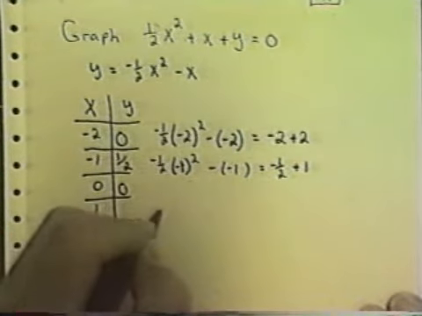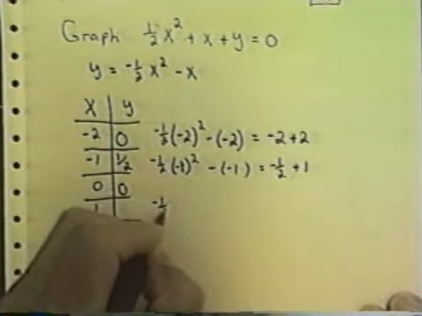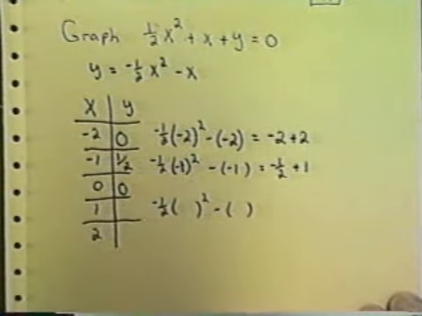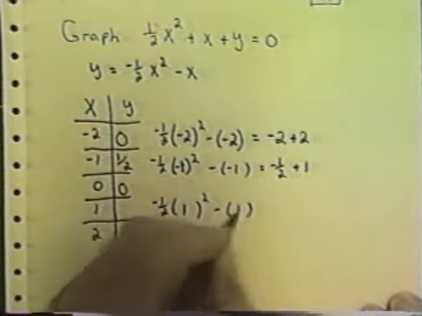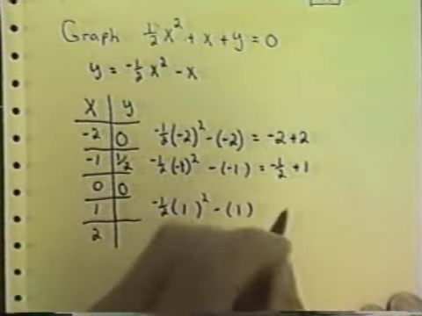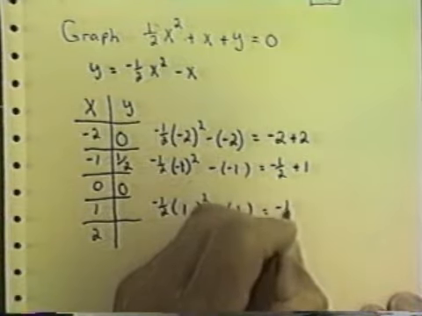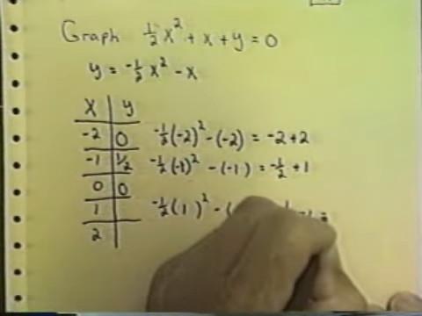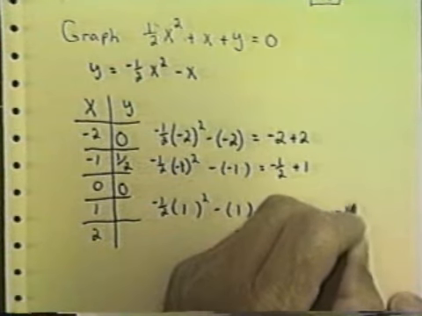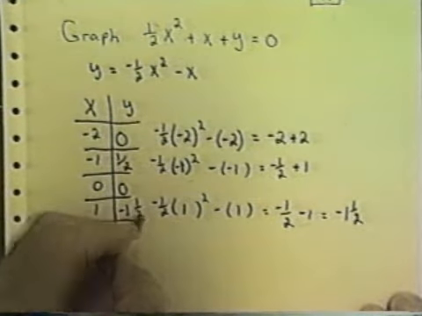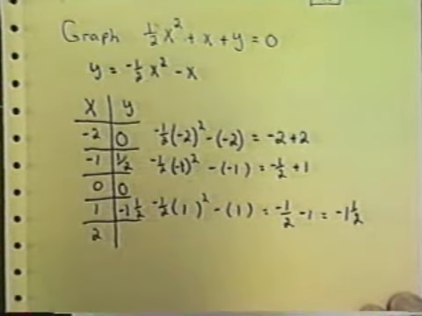Let's try 1. So I have a negative 1/2 times something squared minus the something. Now replace the something by 1. 1 squared is 1. A negative 1/2 times 1 is a negative 1/2. Then a negative 1/2 subtract 1 is a negative 1 1/2, or negative 3/2.